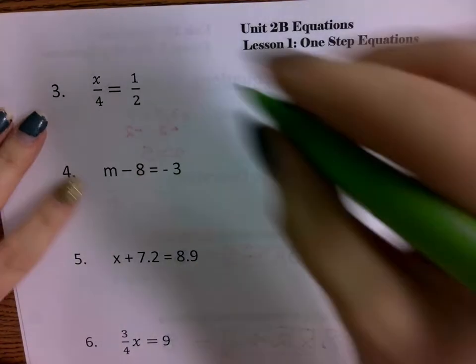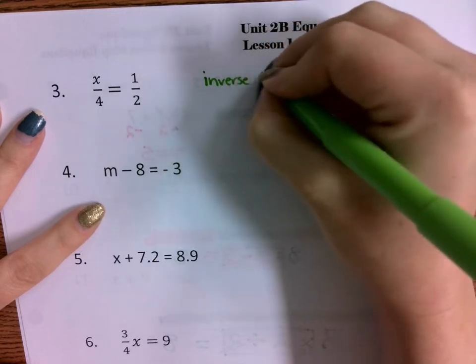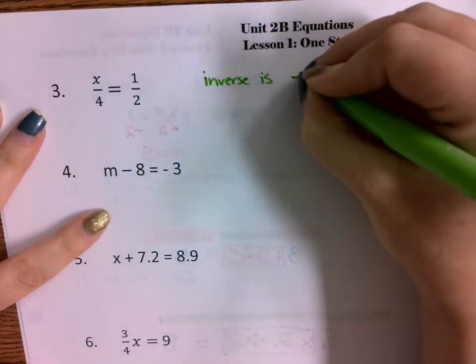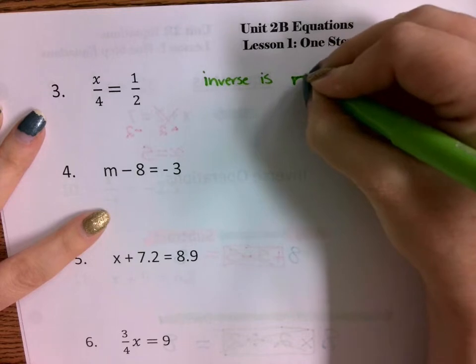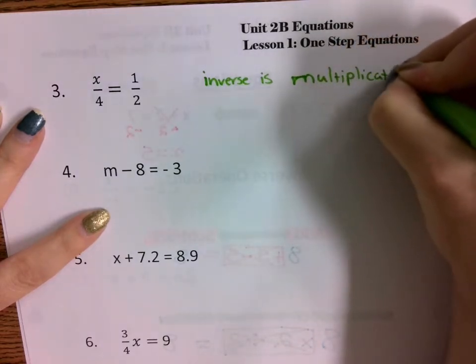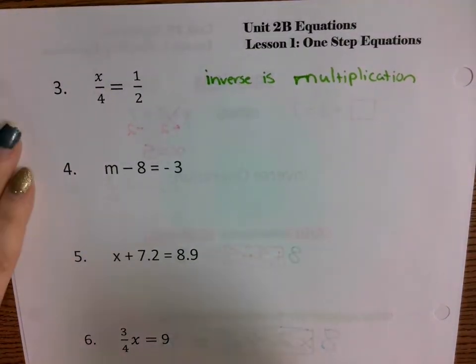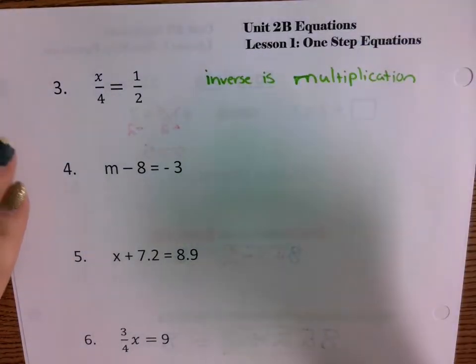Okay, so the inverse is multiplication. The inverse operation is multiplication. So what are we going to multiply both sides by?